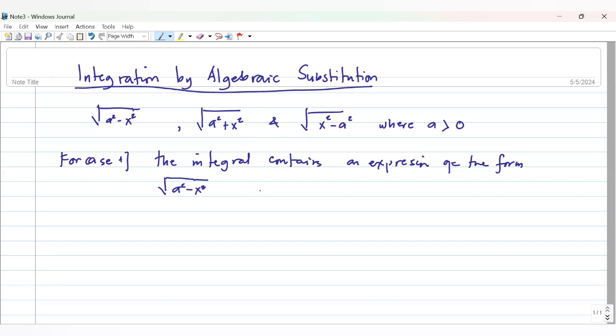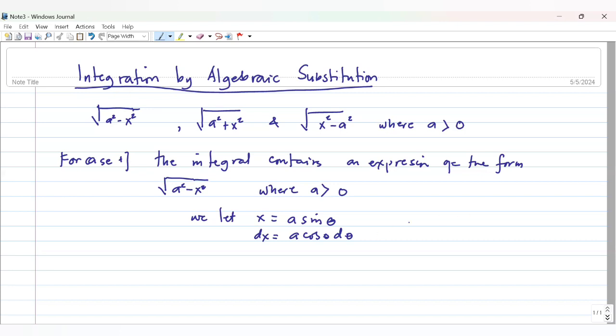That's it, where of course a is greater than 0. So the first thing we have to do is we let x is equal to a sine of theta. And then, of course, the derivative dx is equal to, what's the derivative of a sine theta? That is a cosine theta d theta.